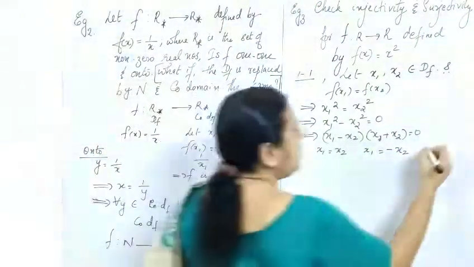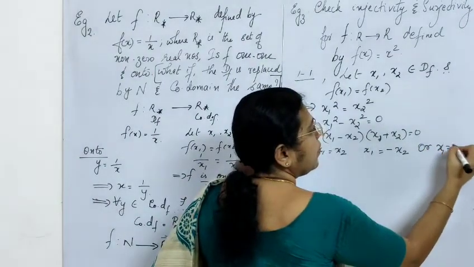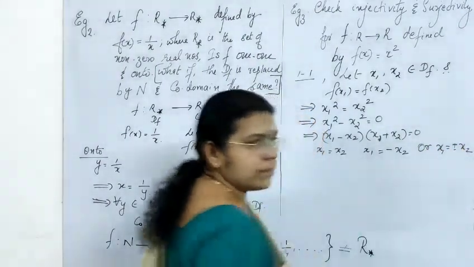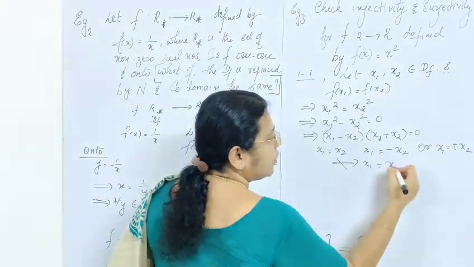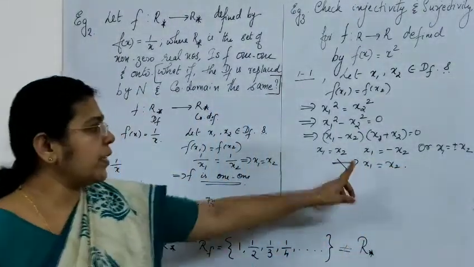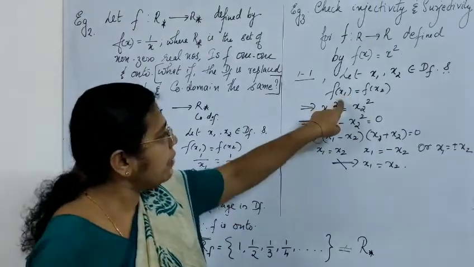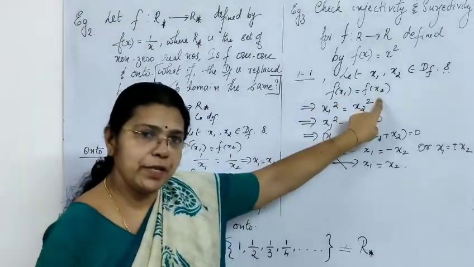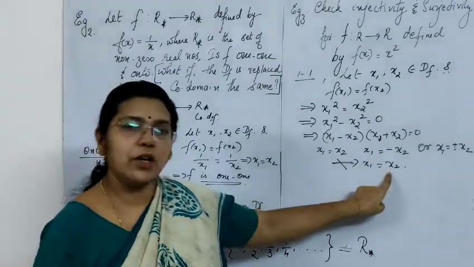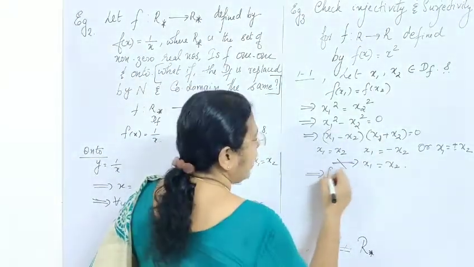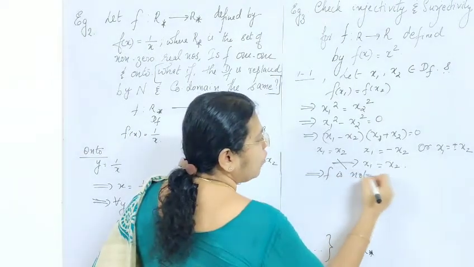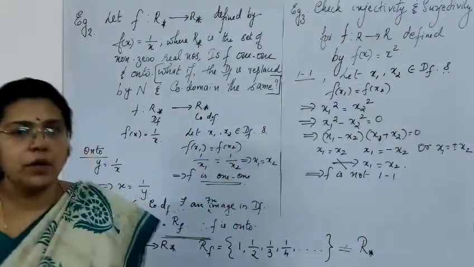Right? Or I can say x1 is equal to plus or minus x2, which doesn't imply x1 is equal to x2. So what can I say? Given f of x1 is equal to f of x2, I found x1 is not necessarily equal to x2, which implies f is not 1-1.